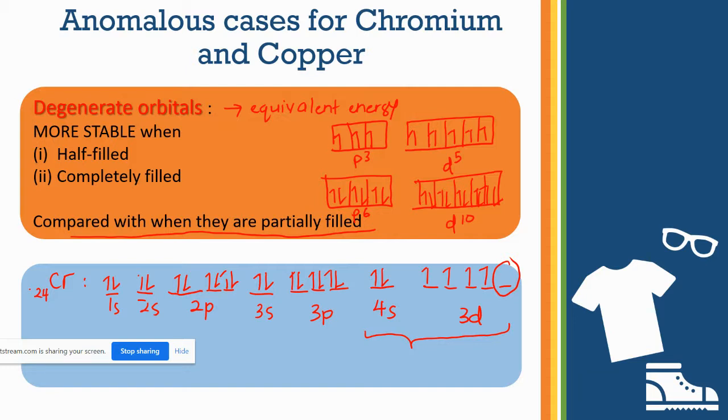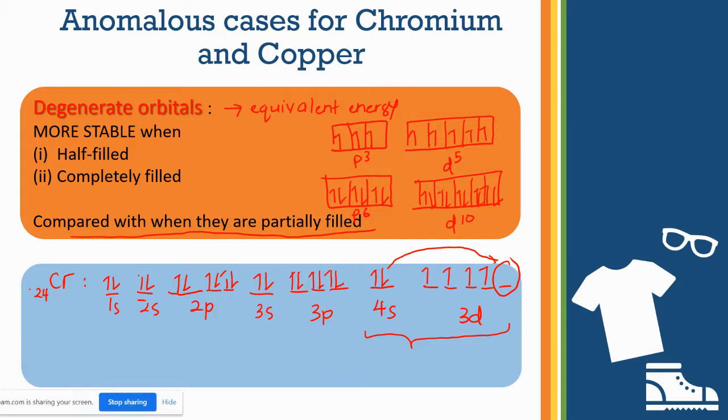Therefore, rearrangement will happen in which one electron from the 4s will rearrange to 3d and becomes 3d5, to achieve that extra stability. So this is the expected configuration, but the actual will be the whole thing.